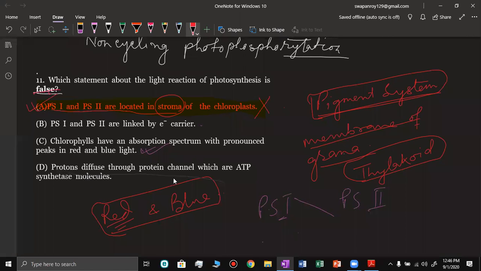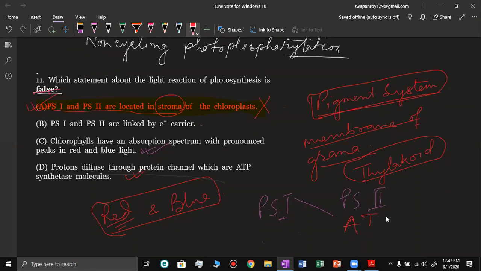Protons diffuse through protein channels, which are ATP synthetase molecules. This is also a correct statement, because I will explain this in the next question while explaining the chemiosmotic synthesis of ATP.